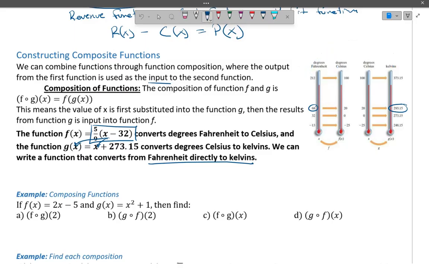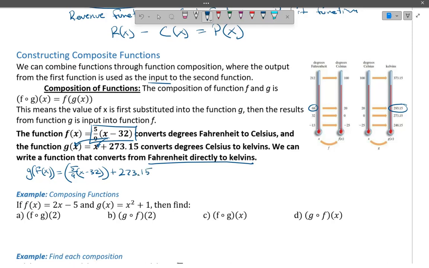And so we're looking here at my function to get to Kelvin, which depends on the output of my function getting to Celsius. And we can compose these functions together. And so I can take my function of Fahrenheit, and then I can substitute that directly into my function for Kelvin.